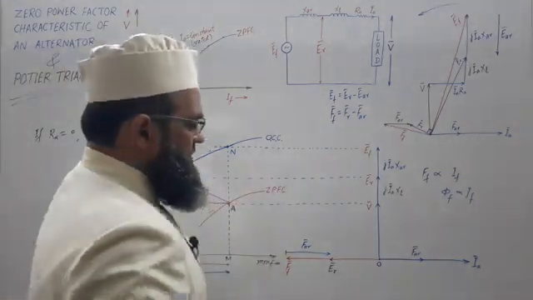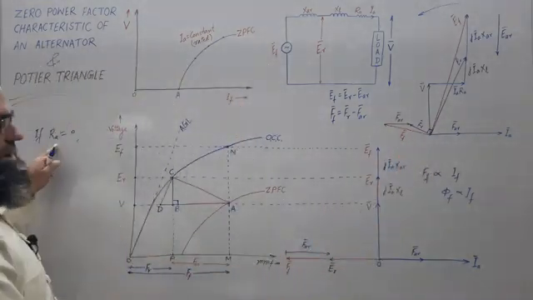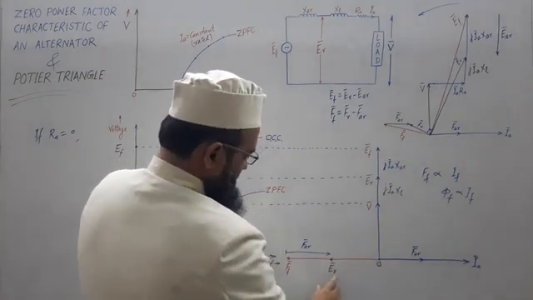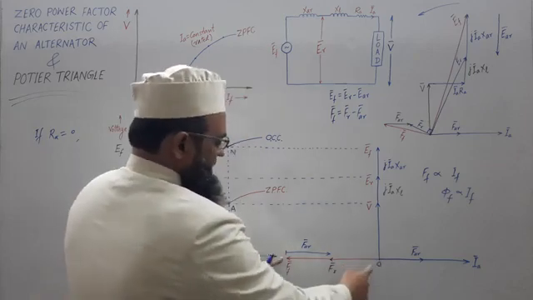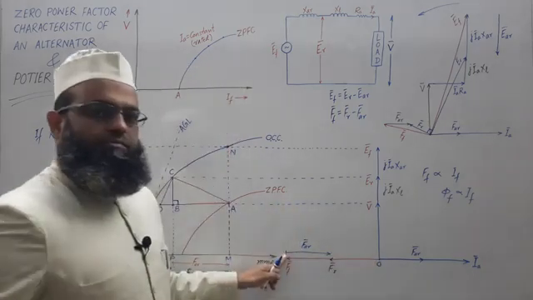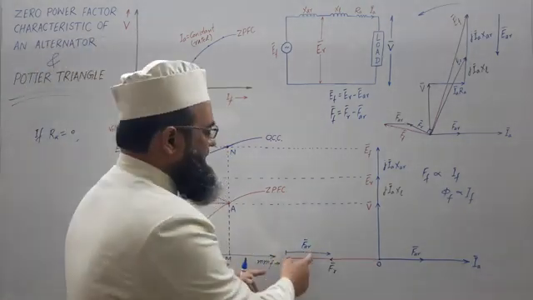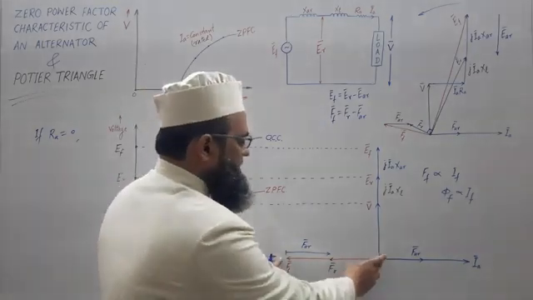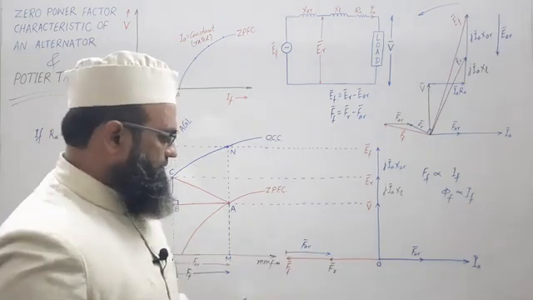So from here we may observe that for this assumption RA, the resultant MMF FR will be FF minus this. It demagnetizes the main field MMF, so the resultant will be lesser than the no load MMF.